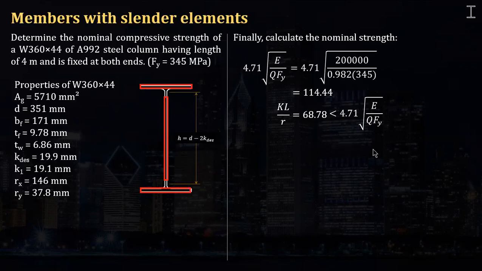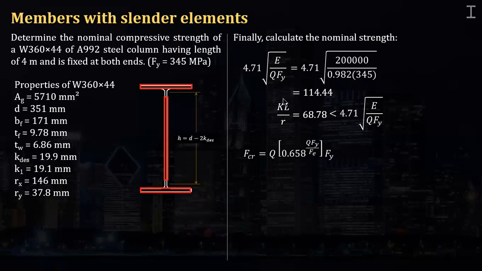If we have used that kanina in solving for the Fcr at Q equal to 1, then that's what we're going to use pa rin dito, but with the Q factor. So that means there's no need to recheck this. Why? Because the limiting value here would become greater than kanina.